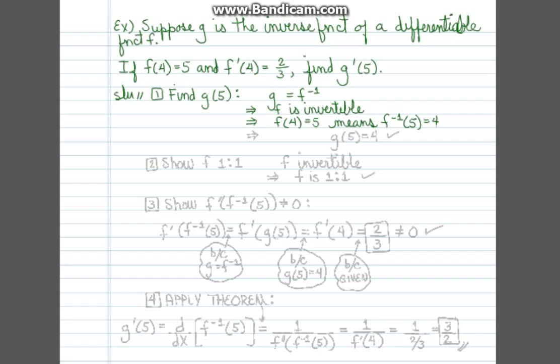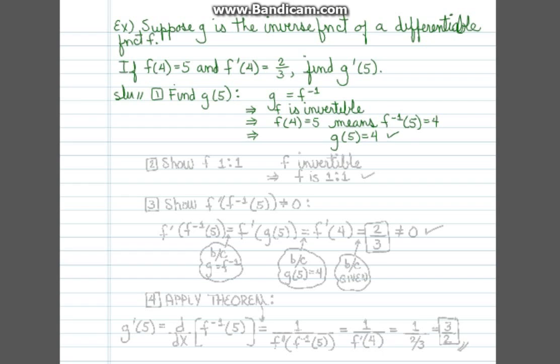In other words, we just swap the x and y coordinates. And in the language given to us in the question, since we call g f inverse, then saying that f inverse of 5 equals 4 is the same as saying that g of 5 is equal to 4.